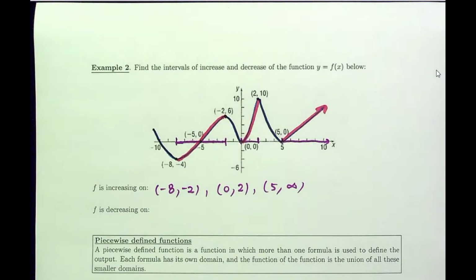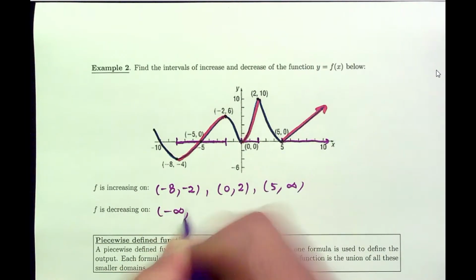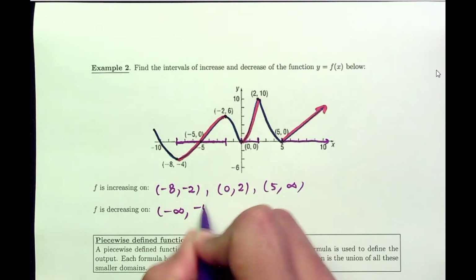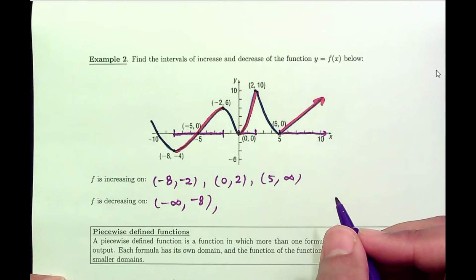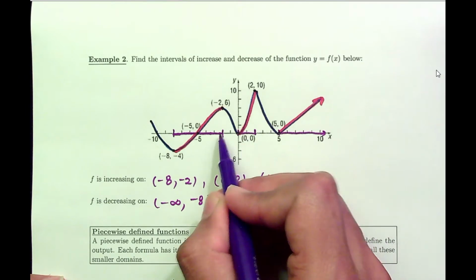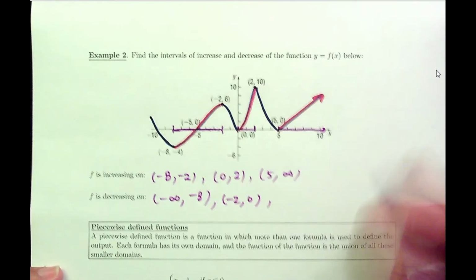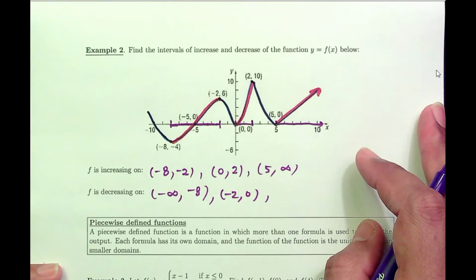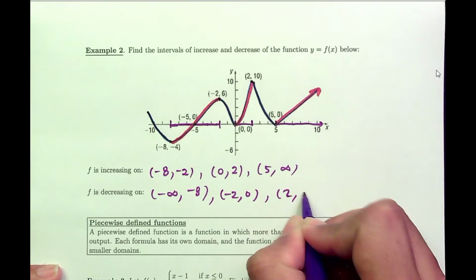The function is decreasing from minus infinity to -8. That's one interval where the function is decreasing. The function is also decreasing from -2 to 0, and the function is also decreasing from 2 to 5.